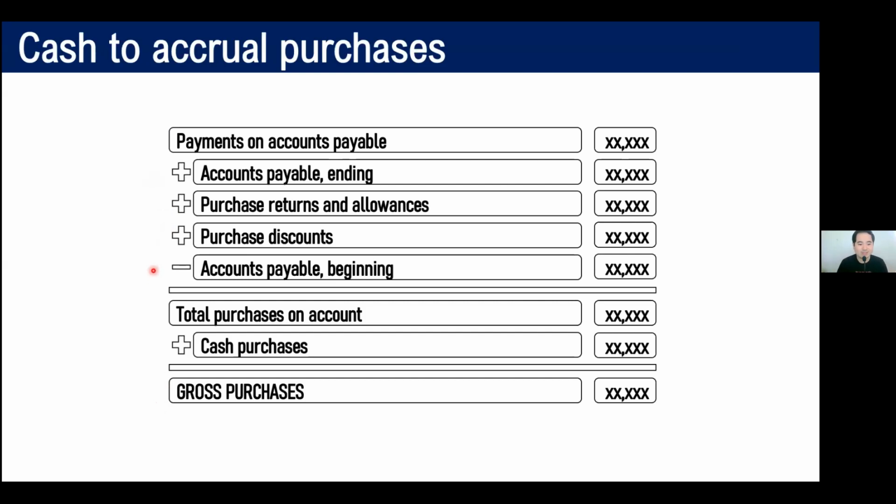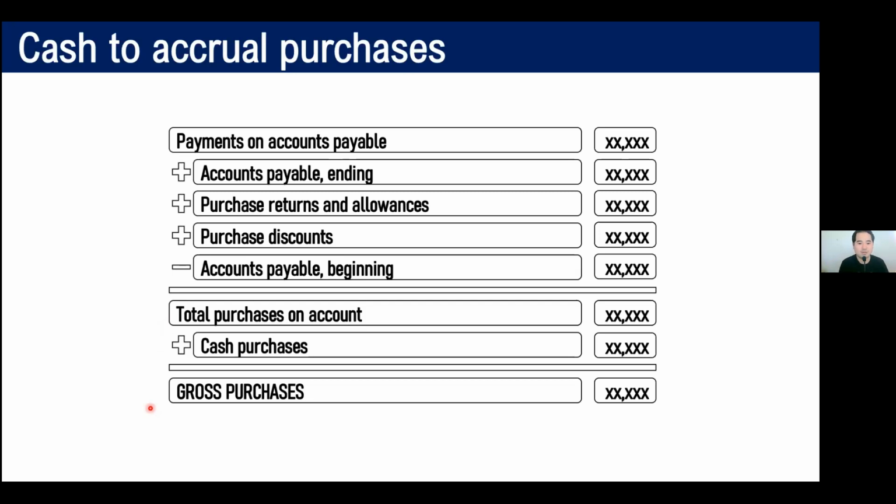And then you deduct your beginning balance of accounts payable because those relate to your purchases in the previous period that the new accounting period inherited, which the company has not yet paid. Okay? So those will be your total purchases on account, and then you add your cash purchases and that will be your gross purchases. And that will also be your net purchases once you deduct purchase returns and allowances and purchase discount.